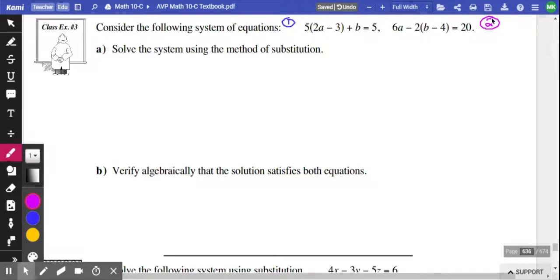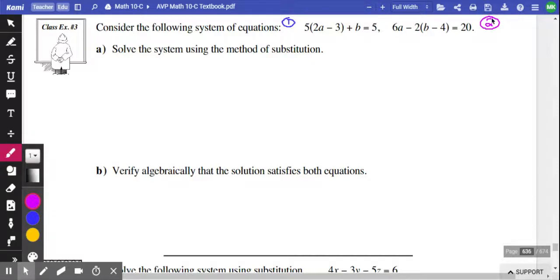What I'm going to do when I get a question like that is I'm going to expand and collect like terms on both equations before I even start the question. That way I'm going to turn it into something I'm used to seeing, like the question before.